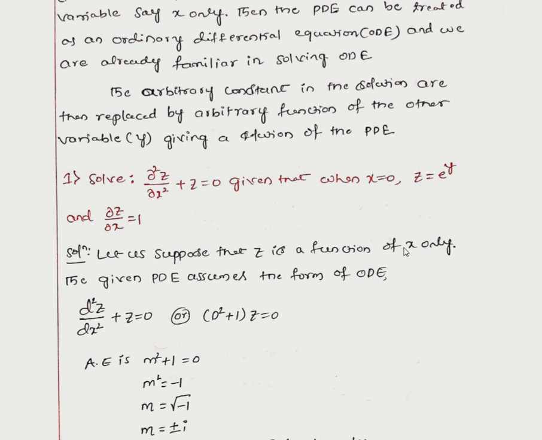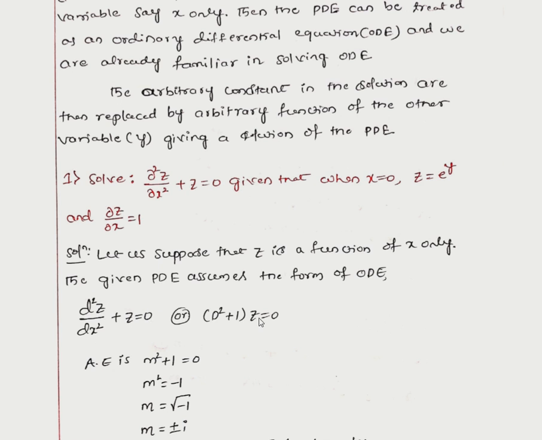Here z is a function of only one independent variable, so this becomes an ordinary differential equation. Therefore, it assumes the form d²z/dx² + z = 0.